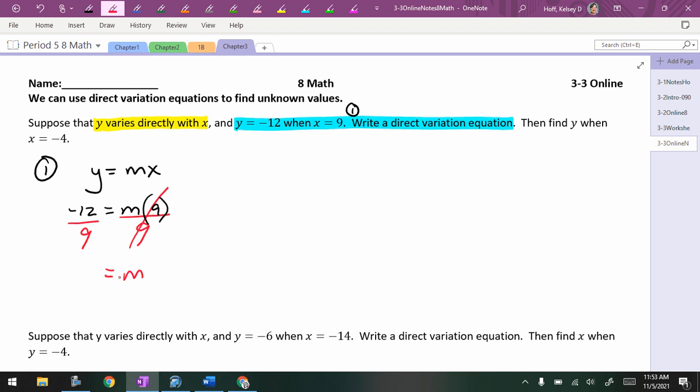So we need to divide something out of both of these. A 3? What do you end up with? Don't lose your negative. -4 over 3. Now, don't quit here. You have to write the direct variation equation, which would be what?